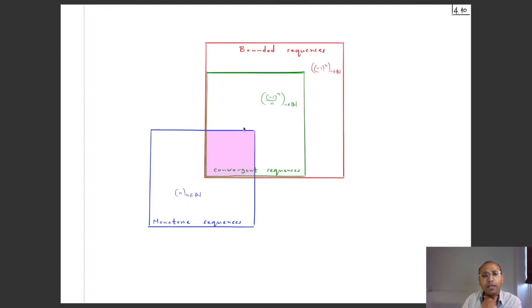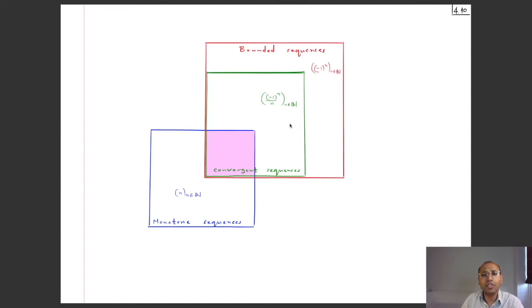If you look at the intersection of this red box and this blue box, we get this pink region, and these are sequences which are bounded and monotone. And then we have just proved this theorem which says that they have to be convergent, so it has to be contained in this green box, and as we have depicted here, this pink region is inside this green region.